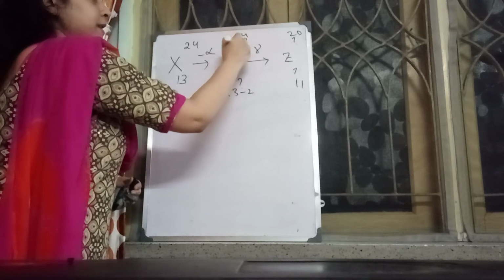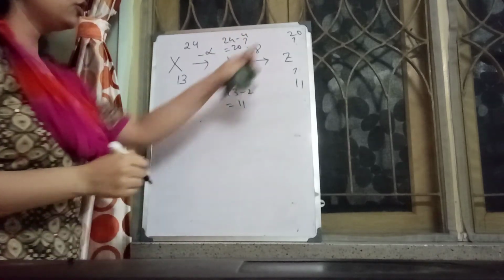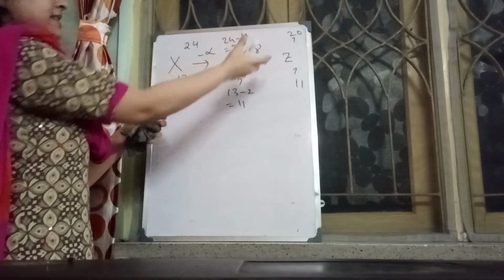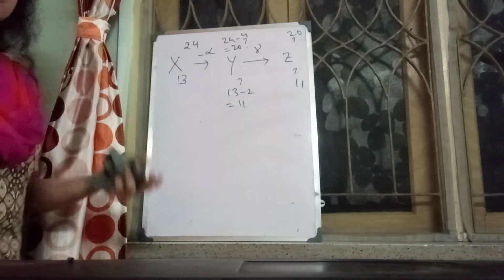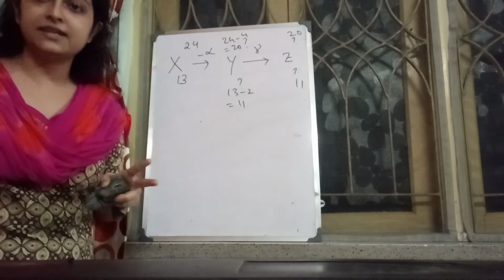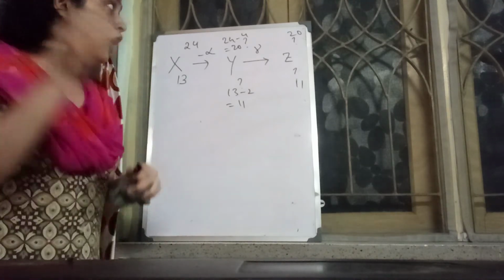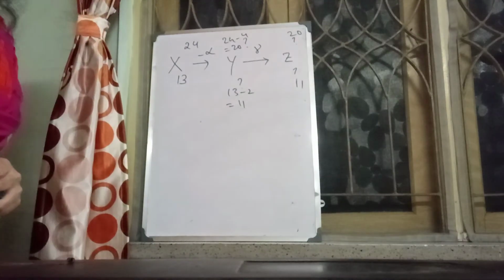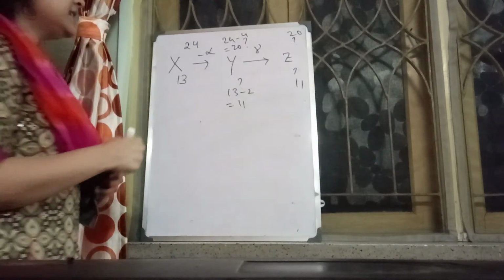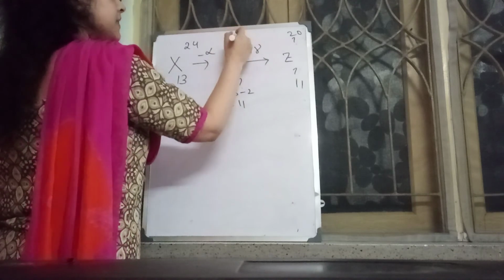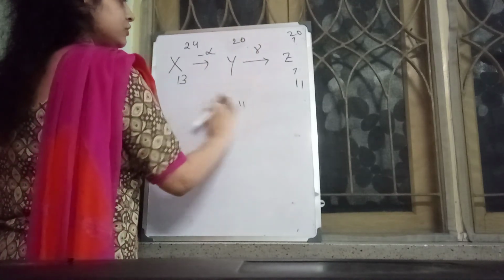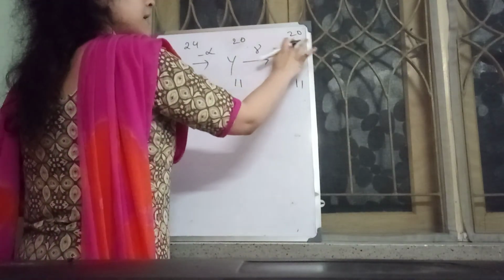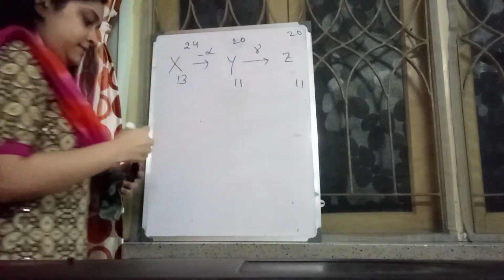Because 24, 20 and this is 11. No change. Why? Gamma is emitted. That's why. You can get this by alpha, beta, gamma. Anything you can get. Just have to remember what are the changes which happen and how many alpha and how many beta. This also you have to notice. Okay. So here obviously 24 minus 4, 20, 13 minus 2, 11, and gamma, no change in the atomic mass number, atomic number, so 11. Okay.